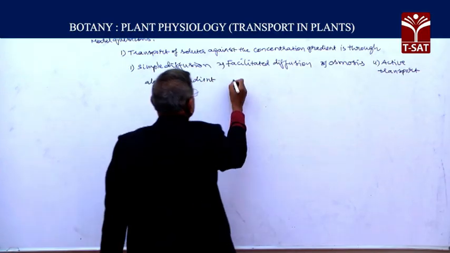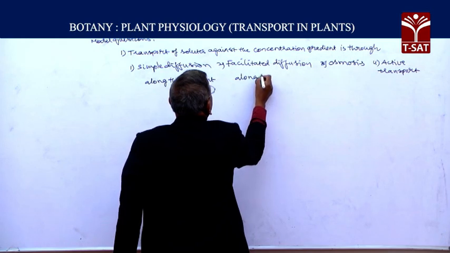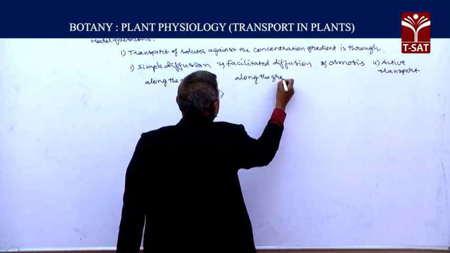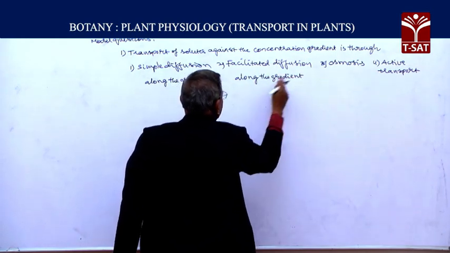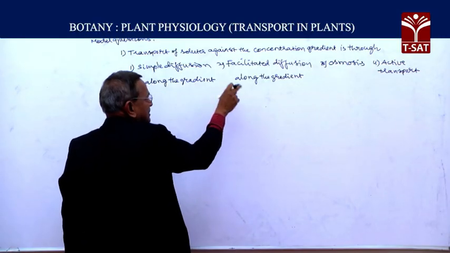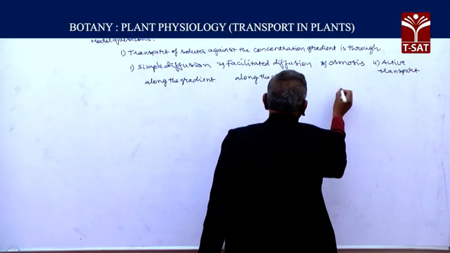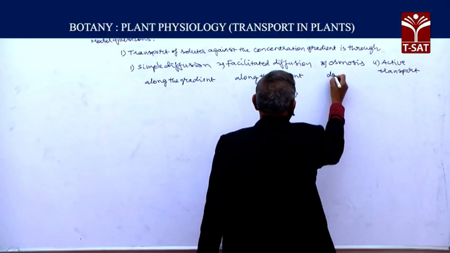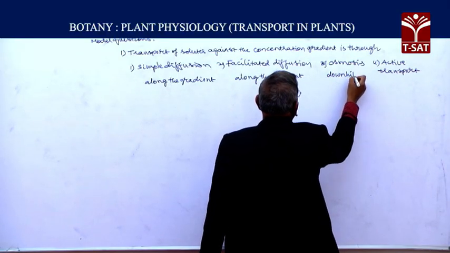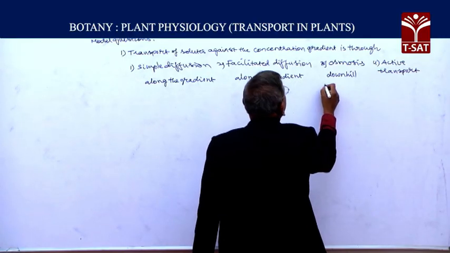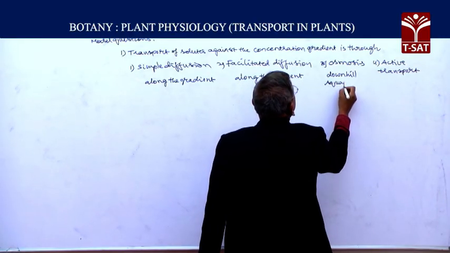Facilitated diffusion is also along the gradient, or downhill. This is a downhill process, this is also a downhill process, and osmosis is also along the gradient, and this is again a downhill process through aquaporins.